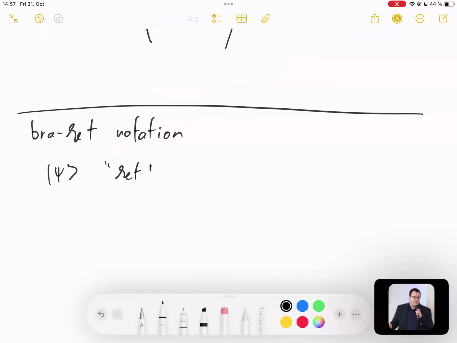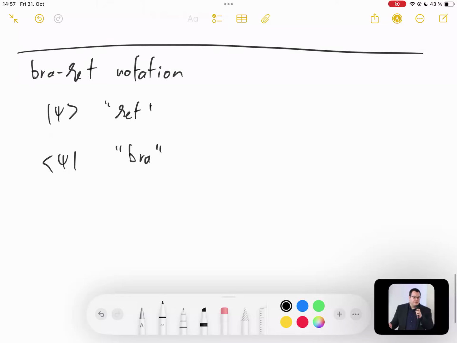And as there is a cat in this notation, there is also a bra, a psi bra. These bras and cats relate to each other, and you will see in a moment that they are super helpful to describe certain transitions in a quantum system.